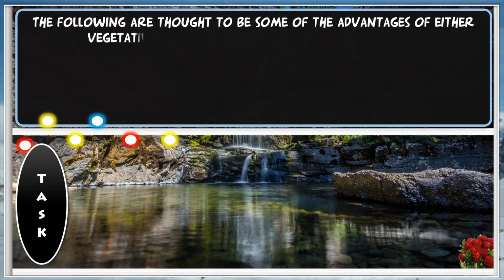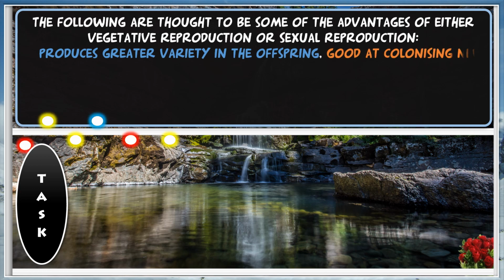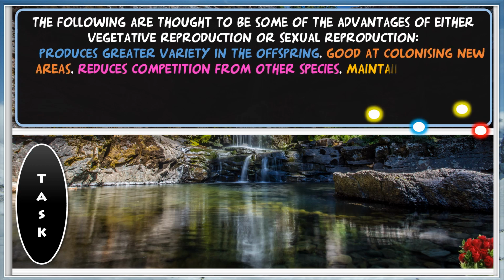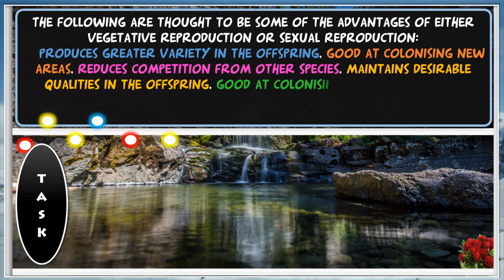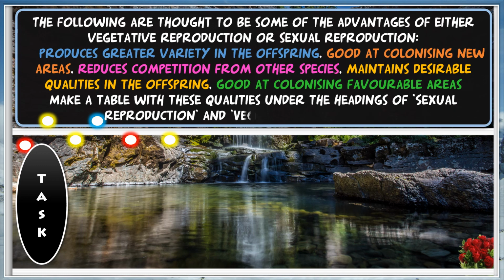The following are thought to be some of the advantages of either vegetative reproduction or sexual reproduction: produce greater variety in the offspring, good at colonizing new areas, reduces competition from other species, maintains desirable qualities in the offspring, good at colonizing favorable areas.